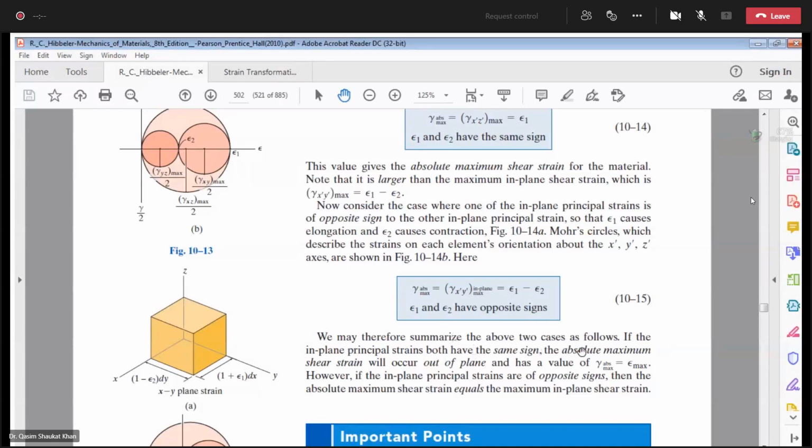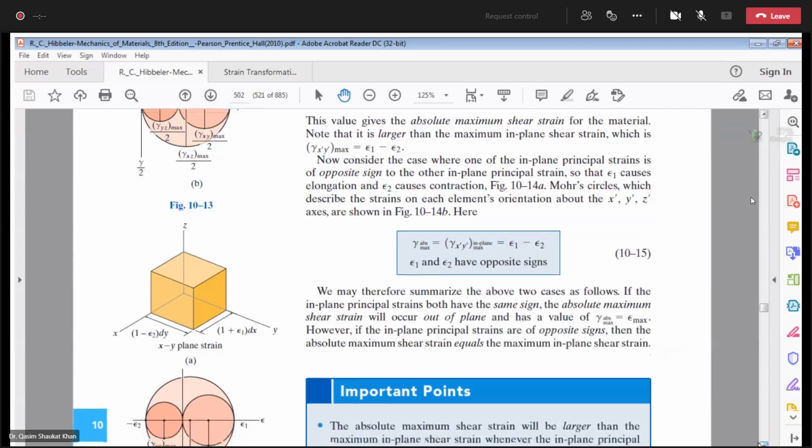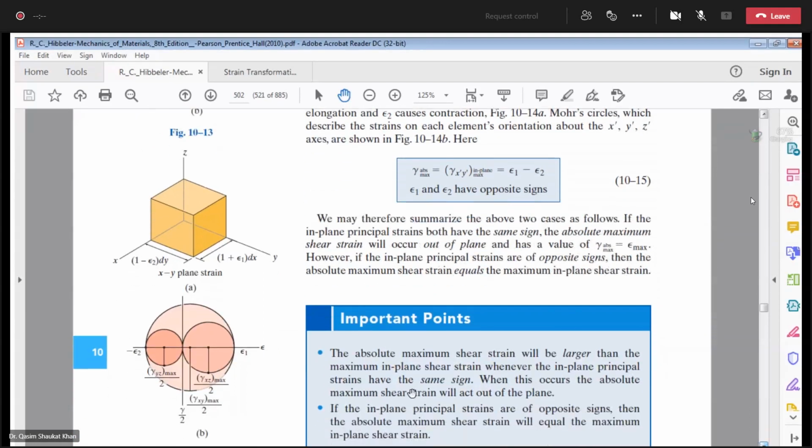So in that case, the absolute maximum shear strain will occur out of the plane and has a value of absolute maximum equal to epsilon maximum, that is basically epsilon 1. However, if the in-plane principal strains are of opposite signs, then the absolute maximum shear strain equals the maximum in-plane shear strain.